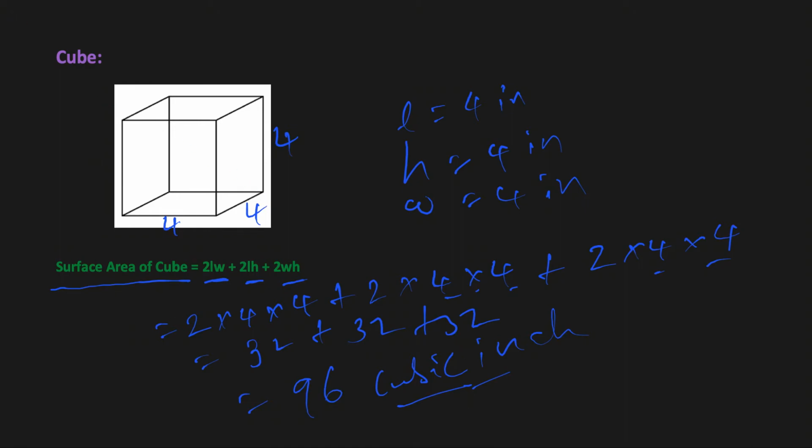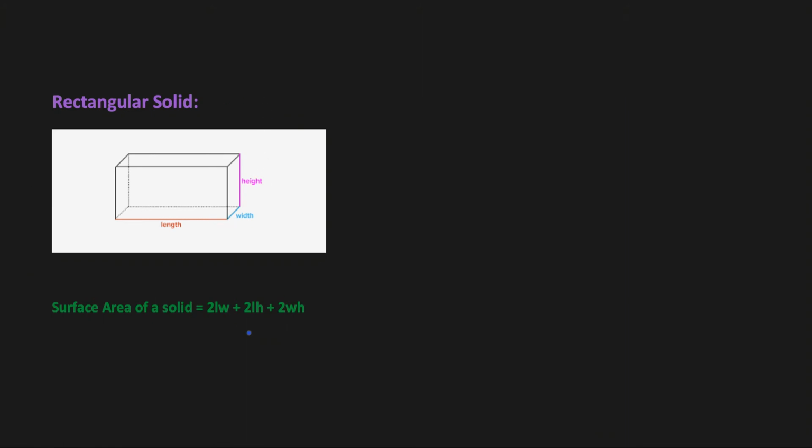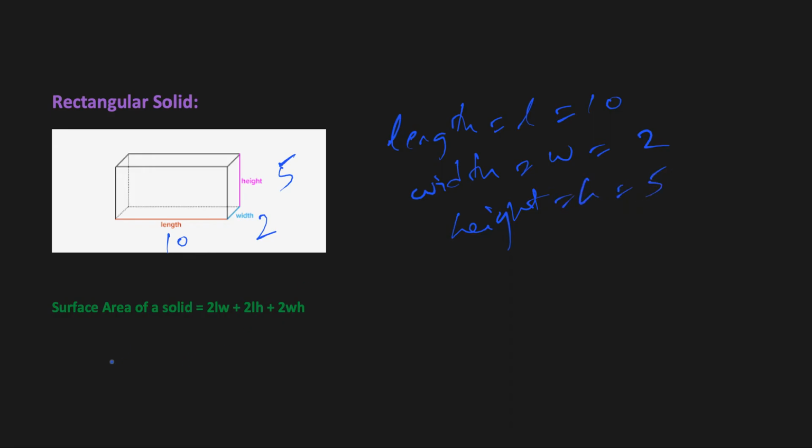Cool. The second example, let's look at how to calculate the surface area of a rectangular solid. Let's say the length, or L, is 10. The width is 2 and the height is 5. So again, using the same formula, we just replace L, W, and H with the actual values.